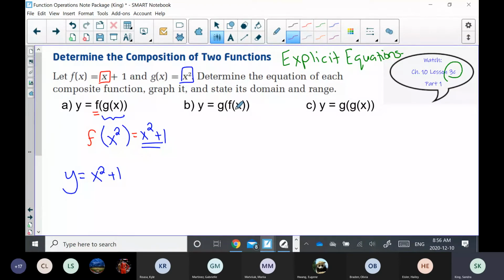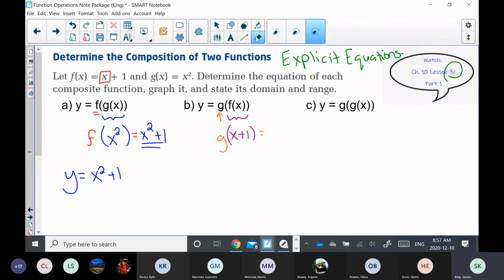Okay, this next one, explicit equation of this guy. So the inner function is f of x. I'm going to take this f of x, which is x plus 1, put that inner function in a bracket, and input it into the outer function, which is my g function. So my g function is right here.